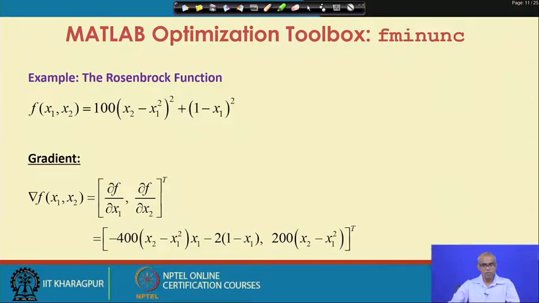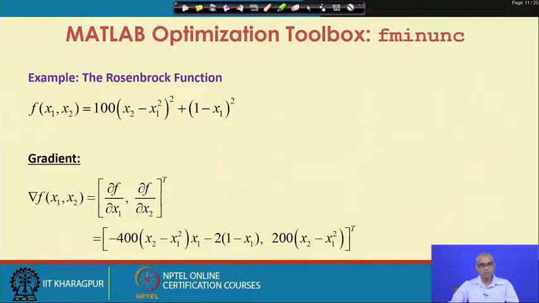So, now let us take an example. Let us consider the Rosenbrock function, which is the two dimensional function 100 times (x2 minus x1 squared) whole squared plus (1 minus x1) whole squared. If you look at this function, the minimum value is obviously x1 equal to 1, x2 equal to 1 and the function value becomes 0.